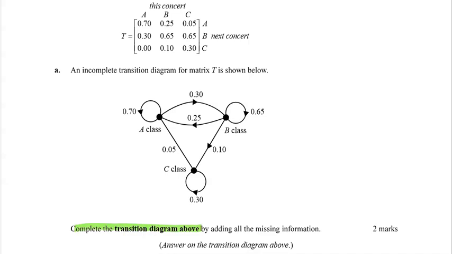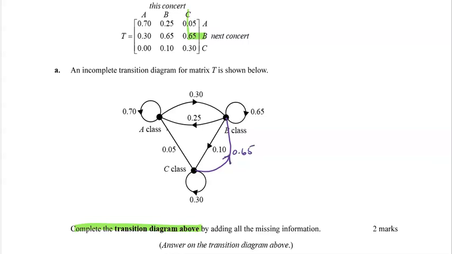Remember, your transition diagrams where there is movement between every location should always look the same. What we are missing at the moment is movement from Class C to Class B. And so we can see from C to B, we've got 65%, or 0.65, and we need to add a direction on that arrow there.